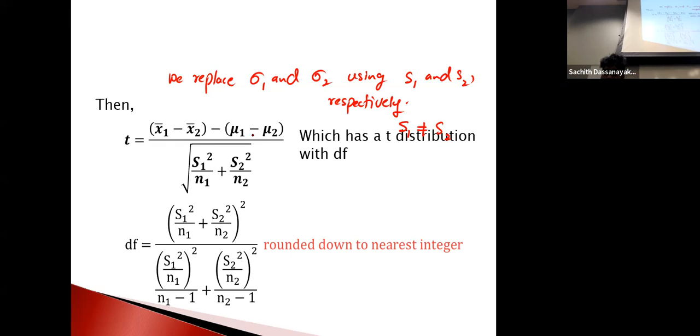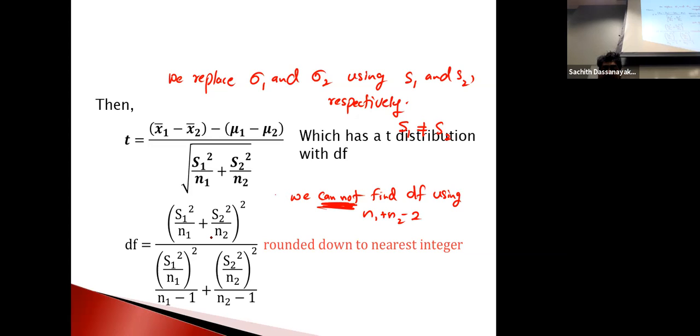In this case, we cannot find the degrees of freedom using that. Instead, we have a giant formula again to find the degrees of freedom.